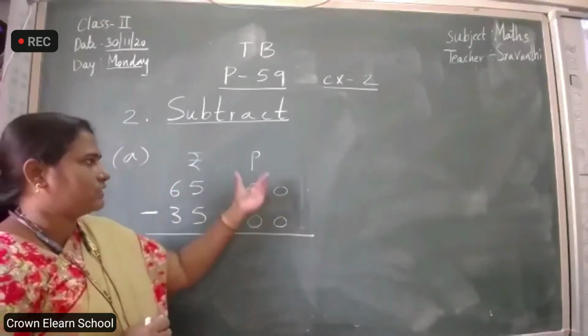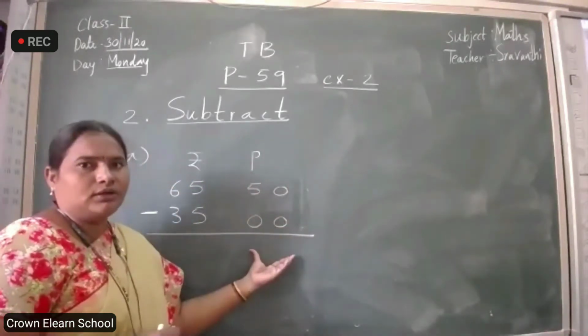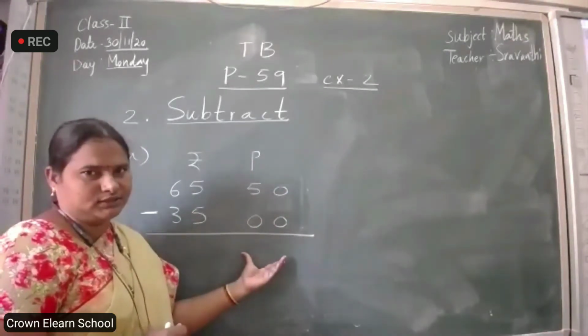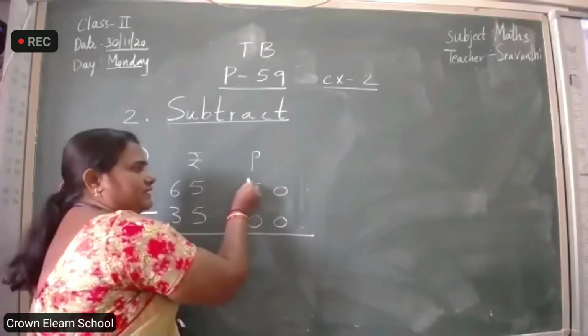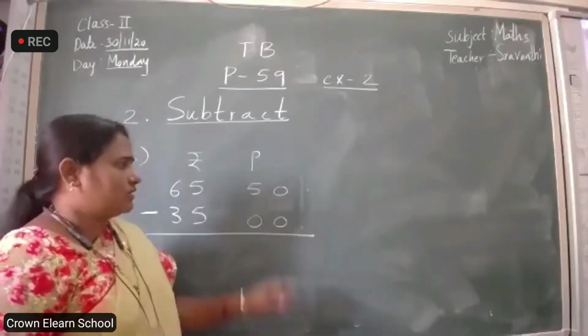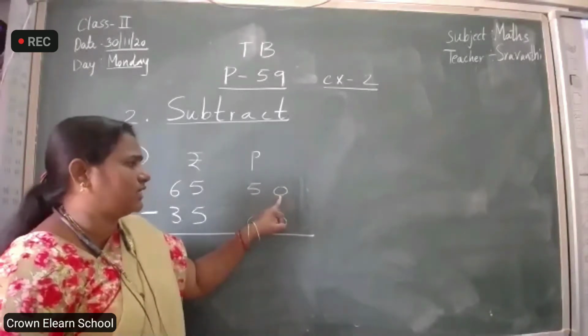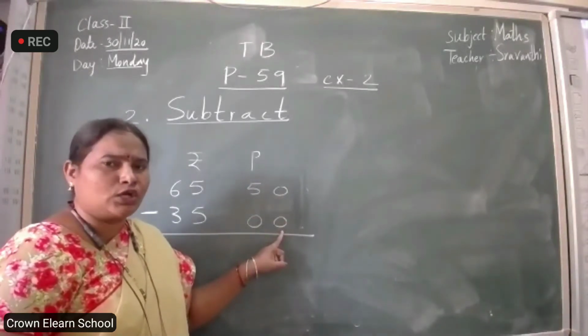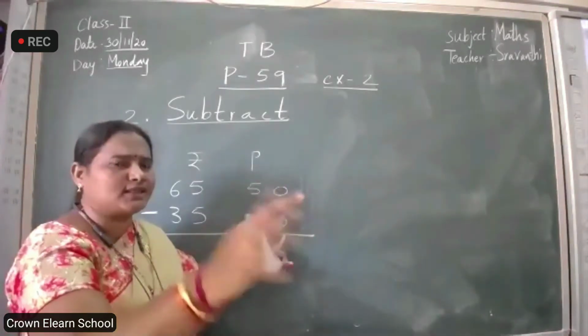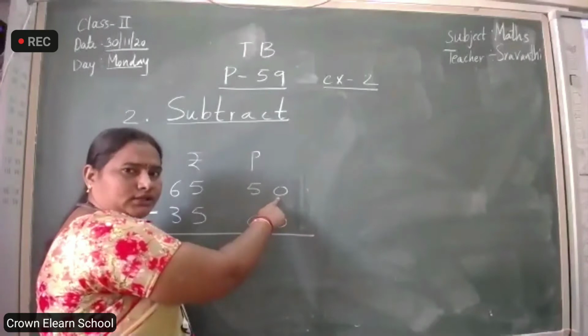Okay, now let us do paise. Let us subtract this. Ones place and tens place. Ones place we subtract first. What are the digits in ones place? 0, 0. Does 0 have any value? No, nothing. 0, nothing.